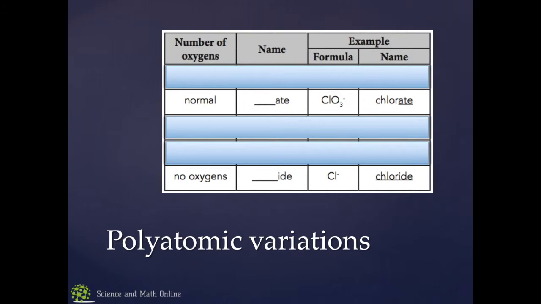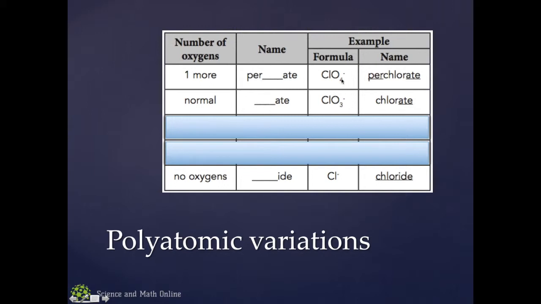All right, so the first variation is if I have 1 more oxygen than normal. And we call that per-ate. So if I add 1 more oxygen to chlorate and I get the ClO4, then I get perchlorate. Notice the charge is exactly the same. The only thing that's changed is the number of oxygens.